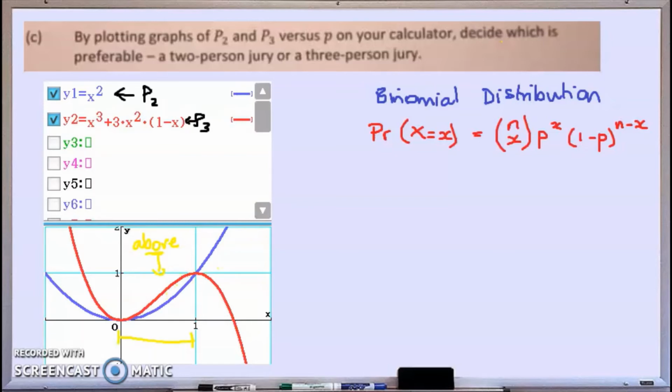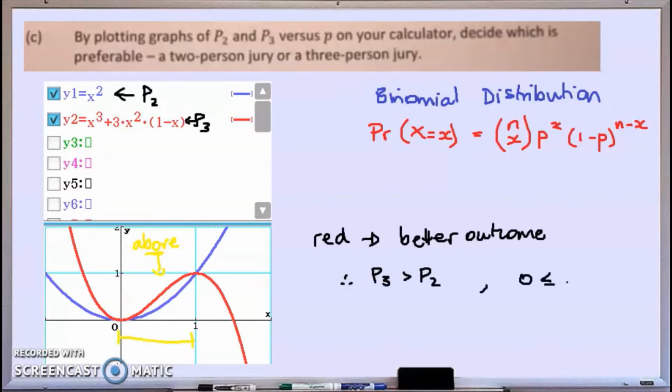In all cases, the red line will give us a better outcome, and therefore in all cases P3 is greater than P2 over my domain between 0 and 1, or at least equal to in the cases of 0 and 1, and therefore 3 jurors is preferable.